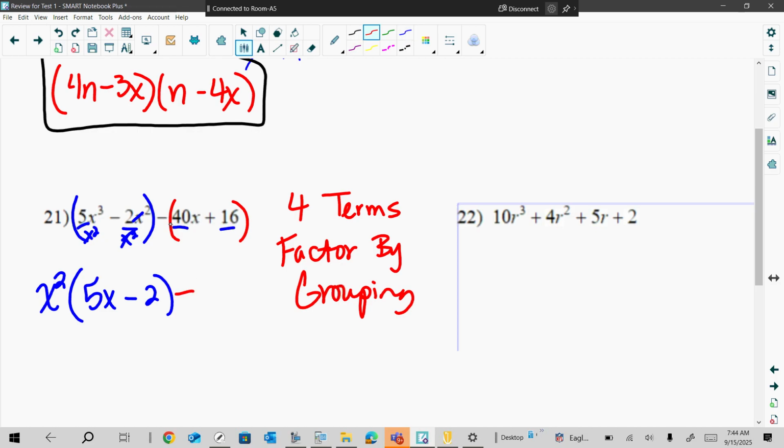I have this minus sign right here. My GCF in the next group is, was that right? Nope, it's not 4. It's 16. It's 8. Sorry.